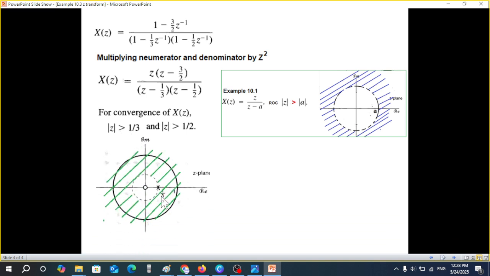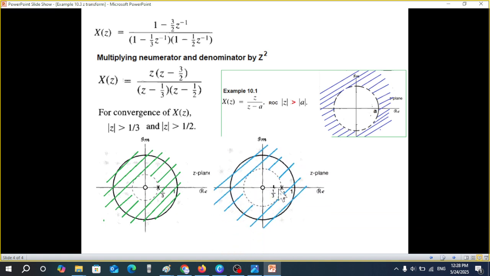First one, we draw a circle of radius 1 over 3, and this is the pole at this point. So our ROC will be outside this circle for the first case. And for the second case, it will be similar, except that the circle will now be of radius 1 over 2.